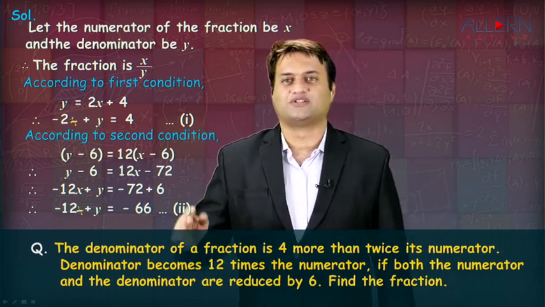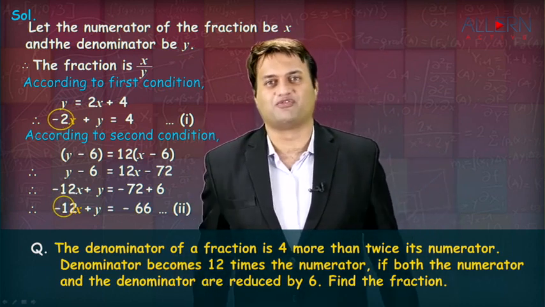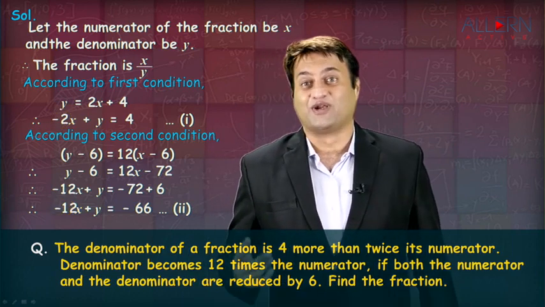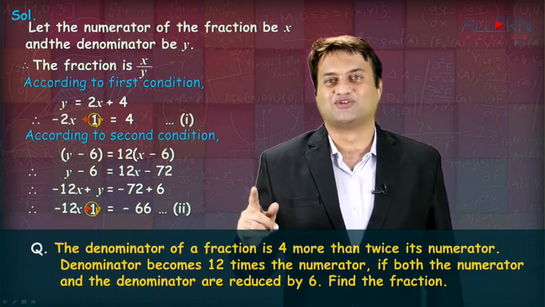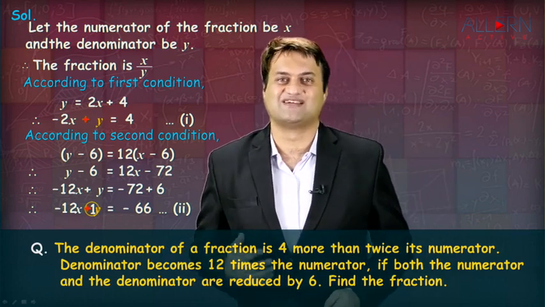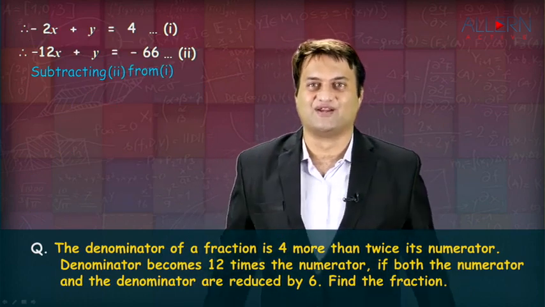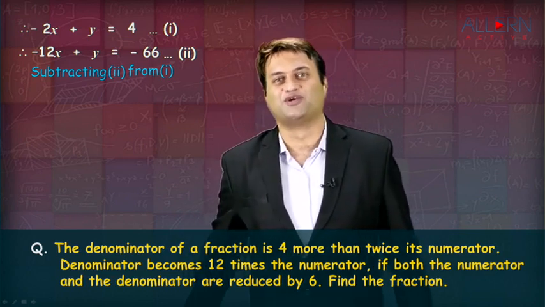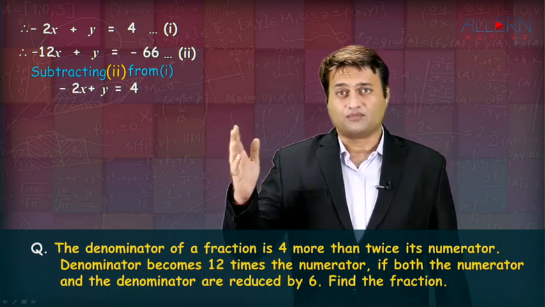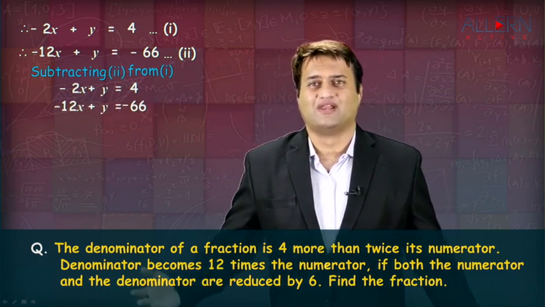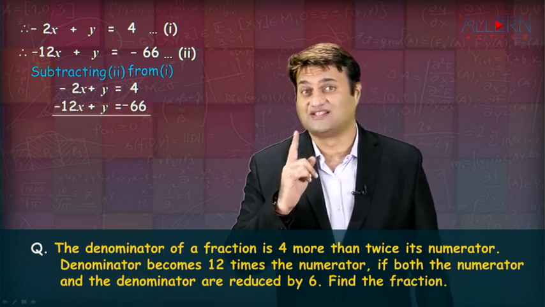Now, look at the first and the second equation. Coefficients of x are not the same, but coefficients of y are definitely the same, 1 and 1. And also the signs are same, and because the signs are same, we will have to subtract the two equations. So, let us subtract equation 2 from equation 1. That is your first equation. That is your second equation. When we subtract, we change the sign.